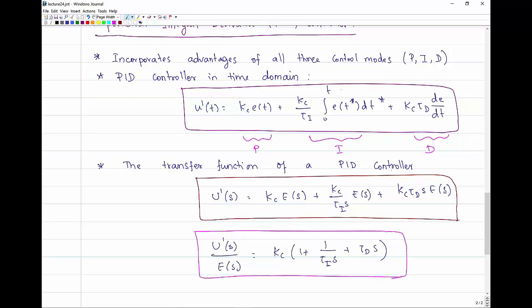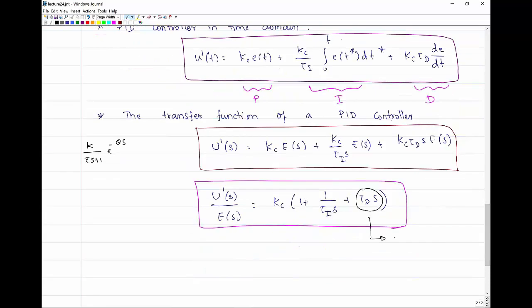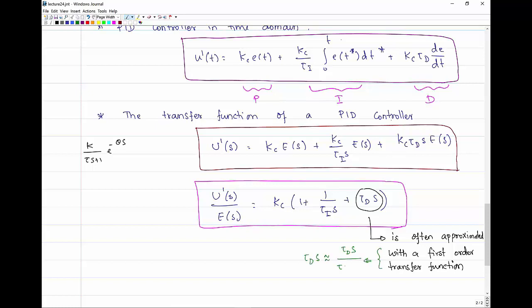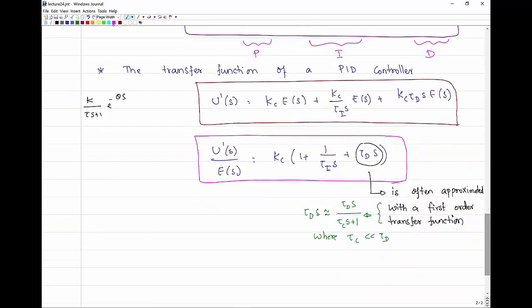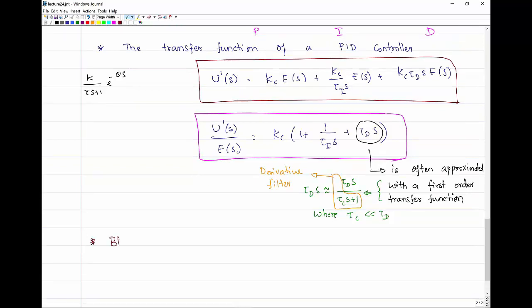The tau ds, which is a polynomial fraction with a numerator order greater than the denominator order, is something that is often approximated with a first order transfer function of the form tau ds over tau cs plus 1, where tau c in the denominator is chosen to be a value that is much smaller than the derivative action. In so doing, you can approximate tau ds reasonably well. And the transfer function 1 over tau cs plus 1 is what is called a derivative filter.